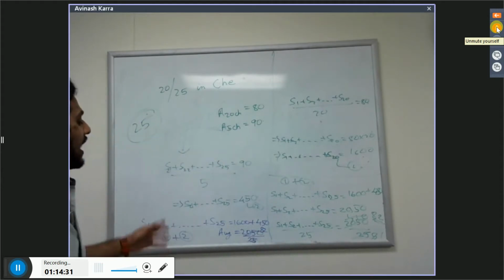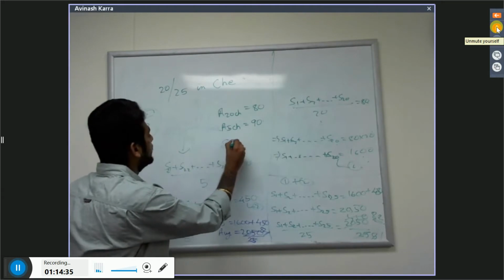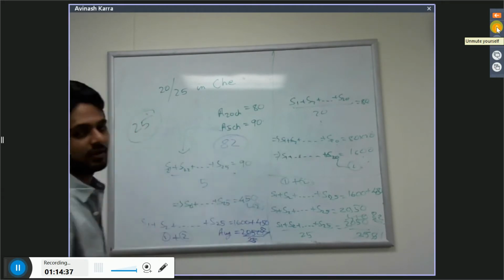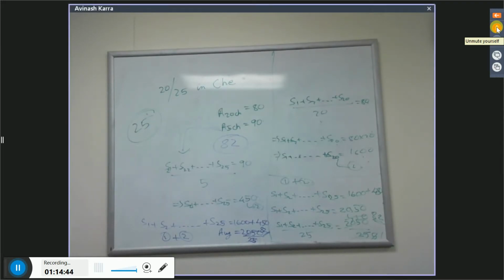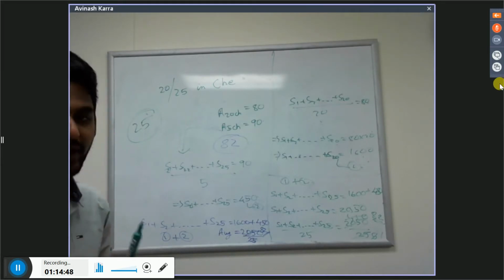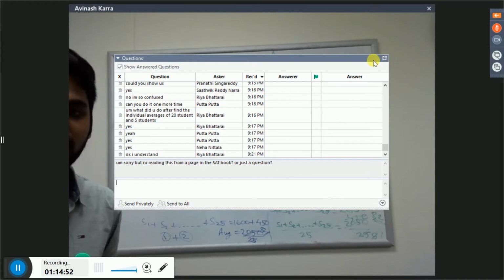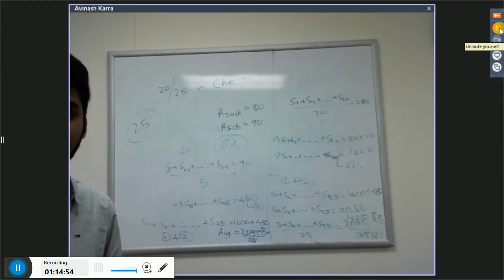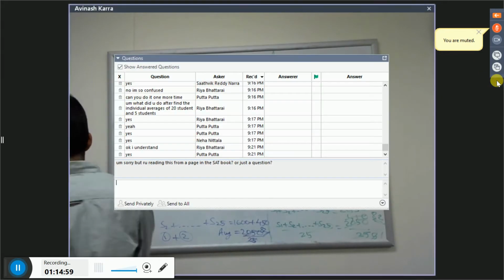So the average of the whole class is 82. Yes or no? If it is no, it's fine, I'll do it again. Clear? Okay, that sounds good.